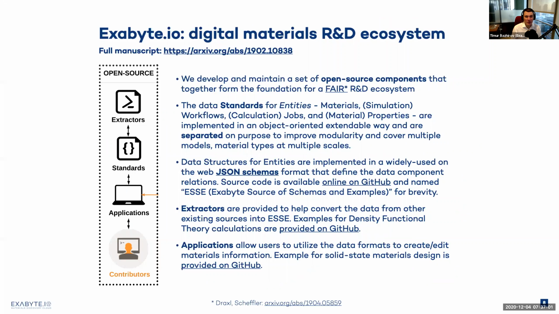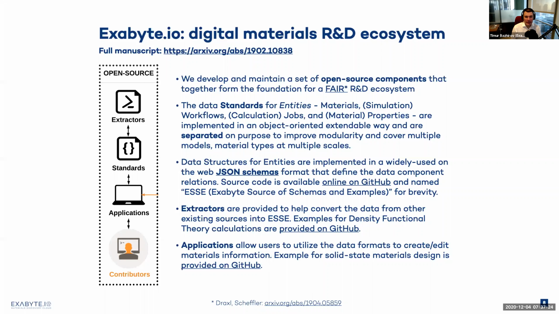And in order to implement such a platform, we start with a set of open source components that together form the foundation of a FAIR R&D ecosystem. And FAIR here stands for findable, accessible, interoperable, and reusable. It's a well-known data science term, and we embrace it in building the platform.